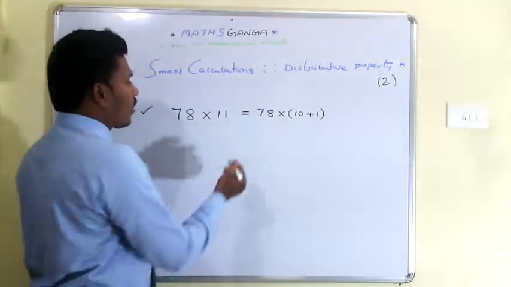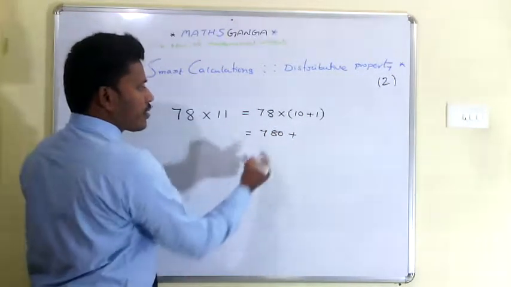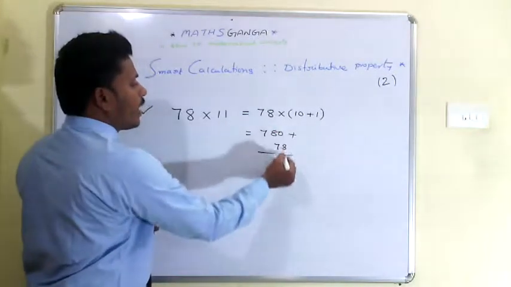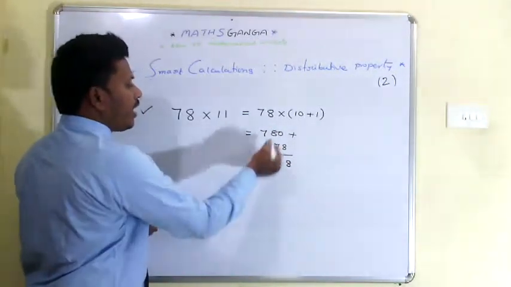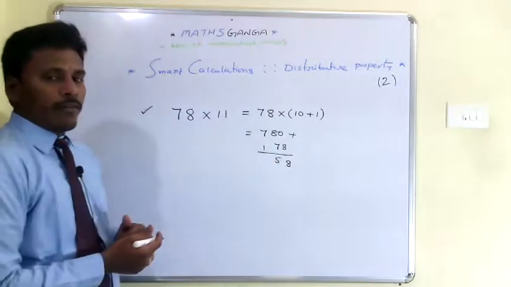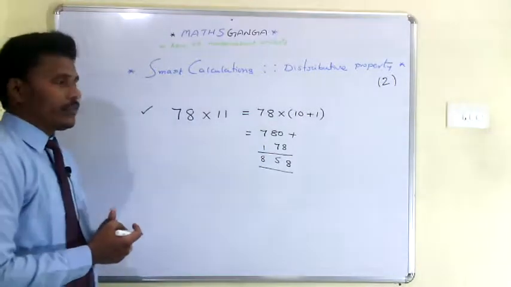That is nothing but 780 plus 78 into 1, which is 78. You will get 0 plus 8 is 8, 8 plus 7 is 15, and then 7 plus 1 is 8, so the result is 858.